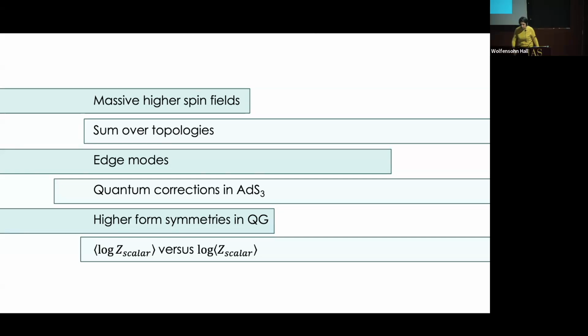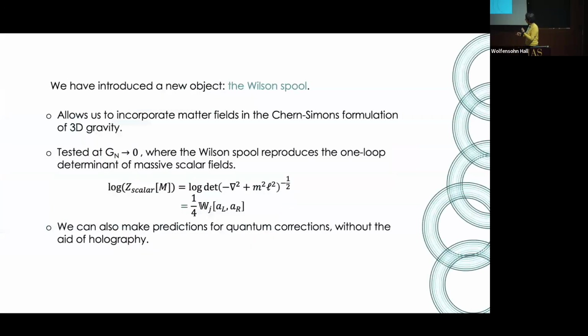Yeah, but the motivation, just to understand why that formula was correct, you use the quasi-normal modes, which is very specific to that background, but you can actually think about it more broadly. If you want, you can view it a bit as an inspiration. But the thing that is interesting is that from the Chern-Simons point of view, it's explicit in how the Wilson spool works.